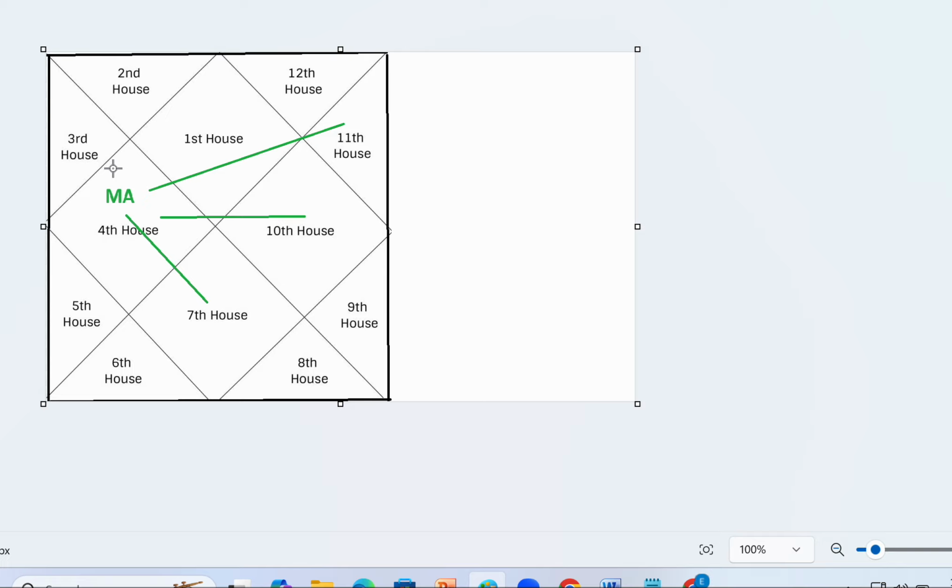The mother is going to have health issues or some problems. Now, a debilitated Mars is looking at the seventh house. If he is married, his wife will have a problem, and if he has a second child, the child will have a problem. The partner will have a problem, or there may be a problem in the partnership.